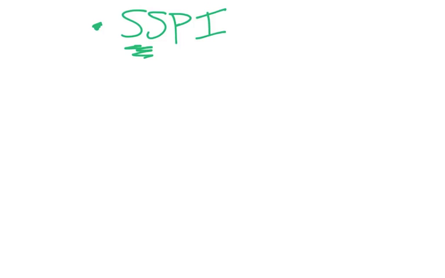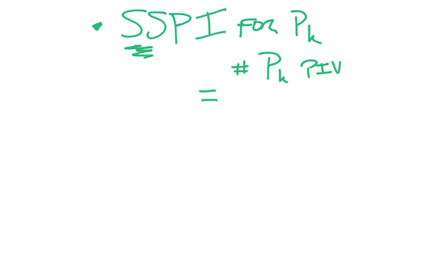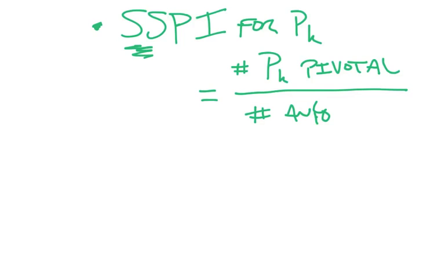So the SSPI for player K is going to be the number of times player K is, we have a different word for it now because it's sequential as opposed to non-sequential, a special word here, pivotal. So the number of times player K is pivotal divided by the number of times anyone is pivotal.